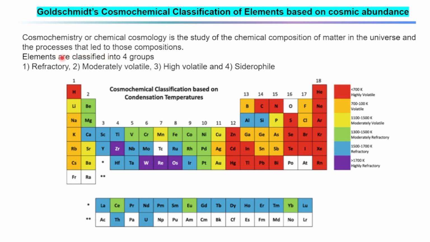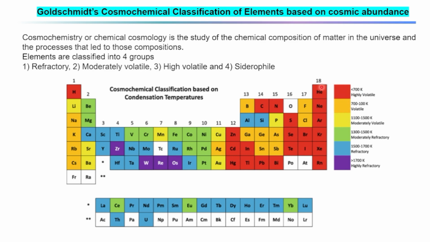According to that, elements are classified into four groups: refractory, moderately volatile, highly volatile, and siderophile. From the color coding on the right hand side, you can see these red ones are highly volatile. These yellow ones are volatile, and these light yellow ones are moderately volatile.